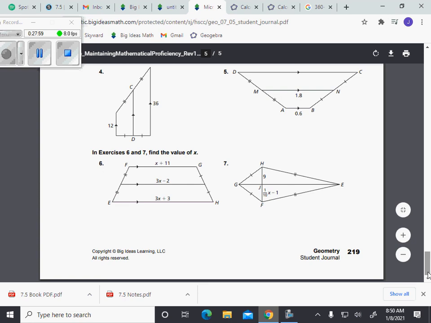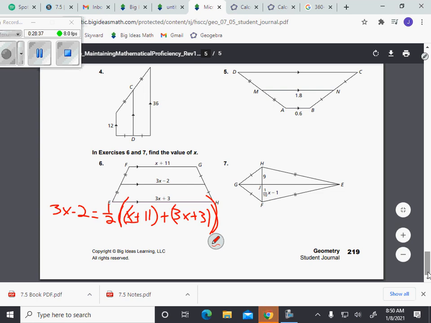Number 6. Find the value of x. We have a big equation, which is fine. We know that 3x minus 2 equals 1/2 of x plus 11 plus 3x plus 3. Always do what's inside the parentheses first. Inside our big parentheses, we can add like terms.